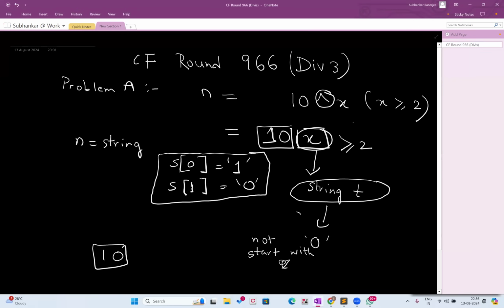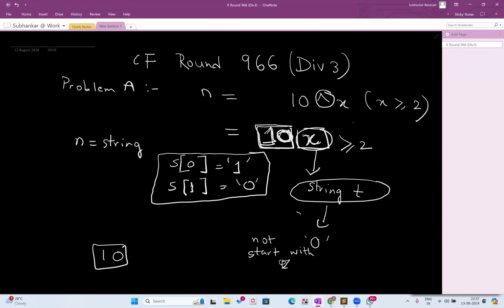So basically, we are left with something of the form 1 0 and then some integer. We have to check whether the given integer is of this form or not. To check that, we input n as a string, and the first character s0 should be 1, and the second character s1 should be 0, because it has to match this form. Did you get it?